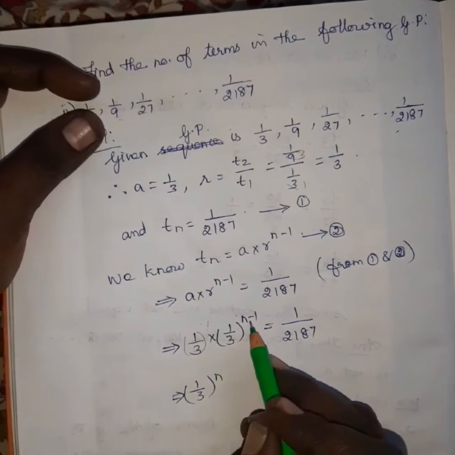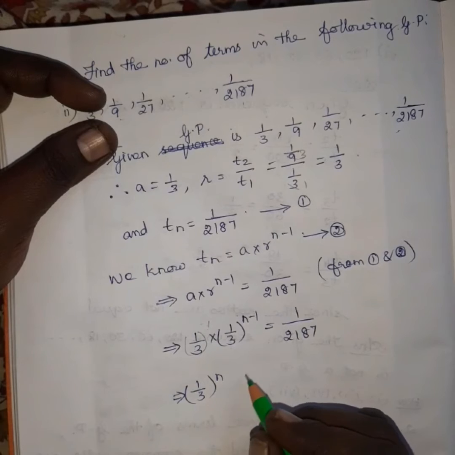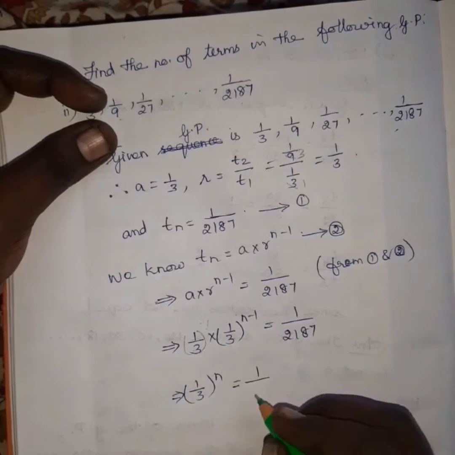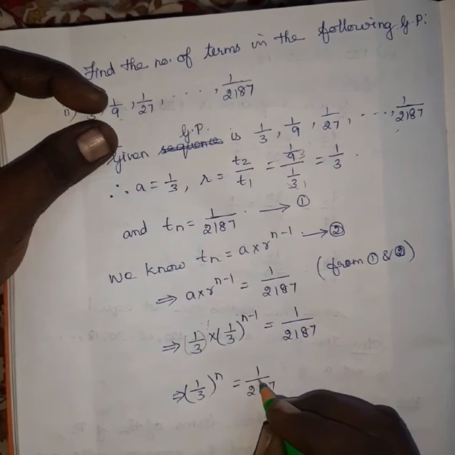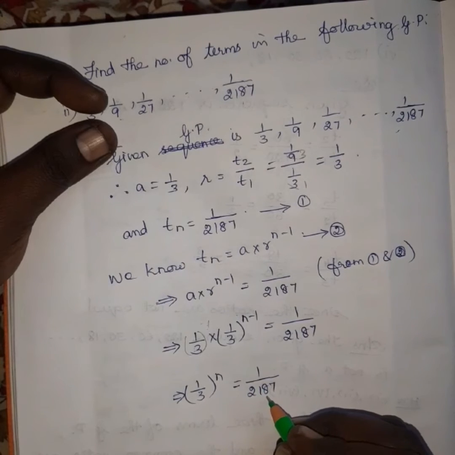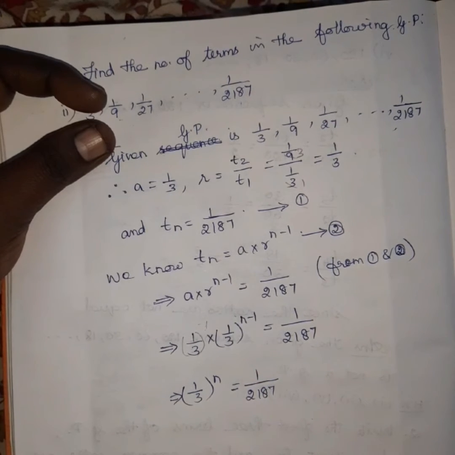Power 1 here, power n minus 1. So we can add the powers by the law of product. When you are adding, you will get the power n, equal to 1 divided by 2187. Now you have to factorize this right side denominator and change that number into the pattern of 1 divided by 3 power some value.